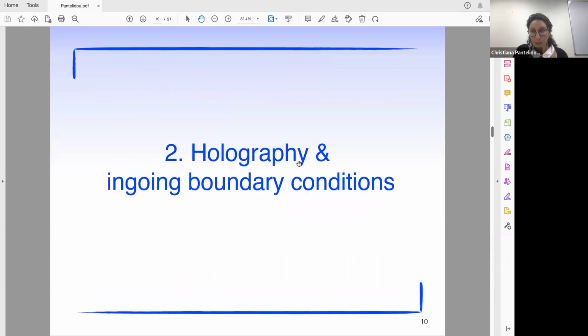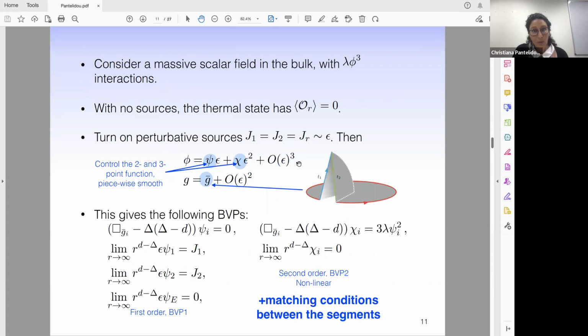So let me just jump right in and show you how the ingoing boundary conditions at the horizon come from this real-time perspective. So in the bulk, we will be considering a massive scalar field. And since we want to do things at the nonlinear level, we need to specify what interactions we'll be considering. In particular, we'll be considering the simplest thing, which is lambda phi cubed.